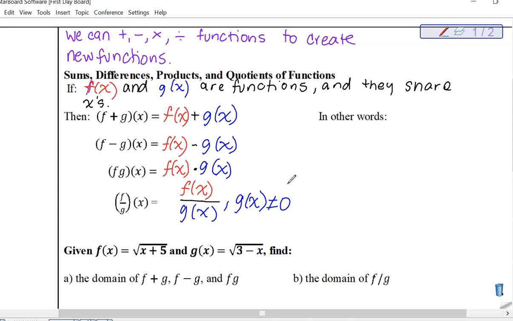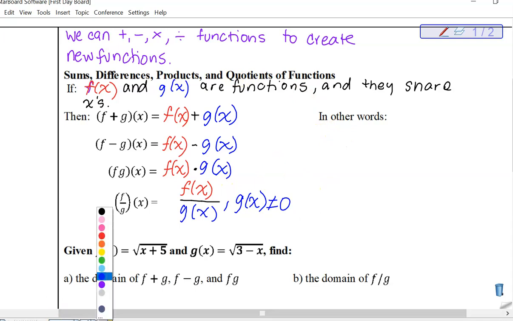We always, or often, create an additional restriction, because we'll put an x in the denominator. So this is just another form of the f plus g of x, the f minus g of x. But what I think this helps you to see is that you're adding y's or subtracting y's, right? Because f of x means y. Multiplying y's or dividing y's. That's what you're doing when they have common x's.